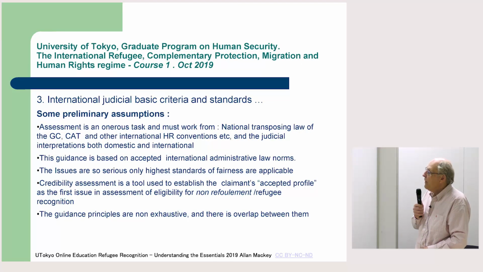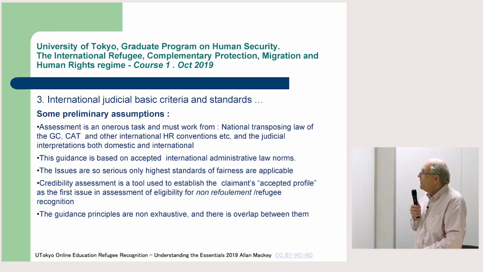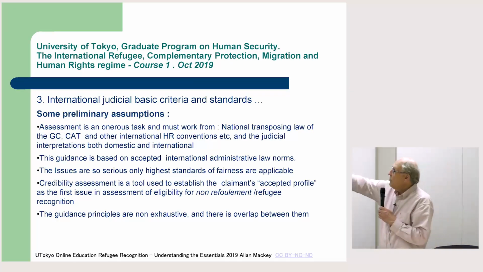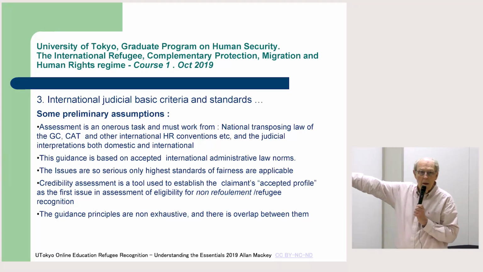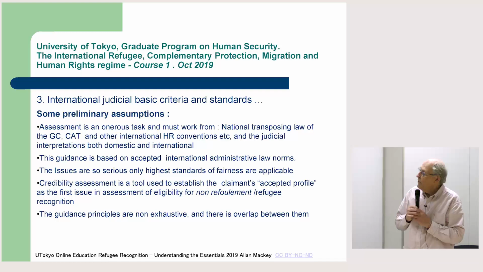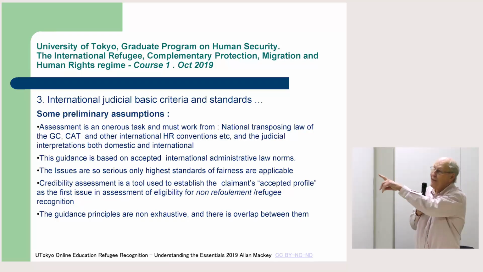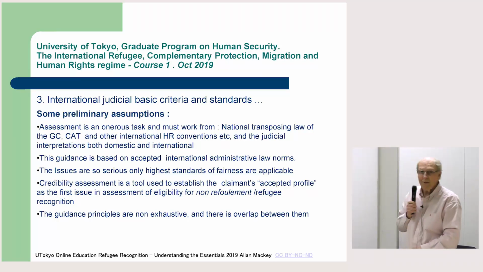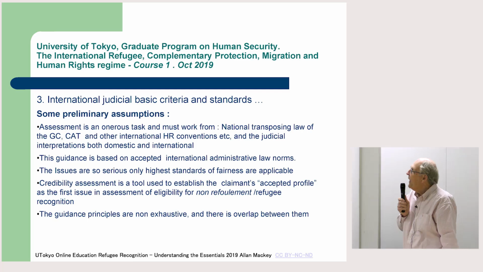So, some other preliminary assumptions. It's an onerous task. We've been talking about that, both at first instance and on appeal. You've got national transposing law. That should be, it's Geneva Convention, a mistake made by me, sorry, it should be CSR.